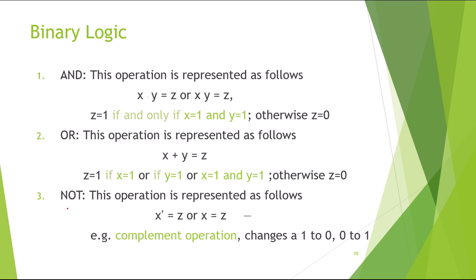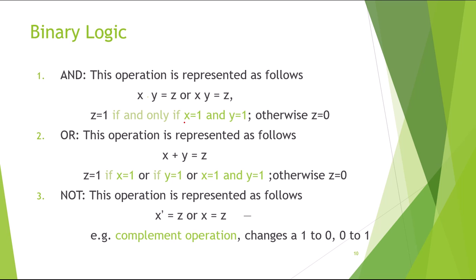NOT is a negation, and negation means that if X is 0, the output will be 1, and if the input X is 1, the output will be 0. So X bar is equal to Z. It's a complement operation.